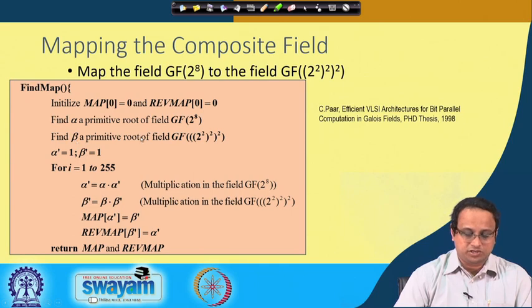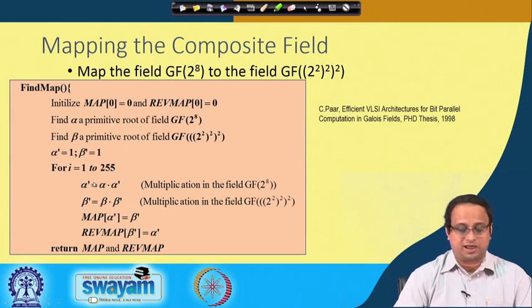You find beta, which is a primitive root of the composite field, and then you develop this map. So you map alpha to beta, alpha squared to beta squared, alpha cubed to beta cubed, and so on. So you can have a nice map between all these 256 elements which are in GF2 to the power of 8 as well as in the composite field, because they are equinumerous.